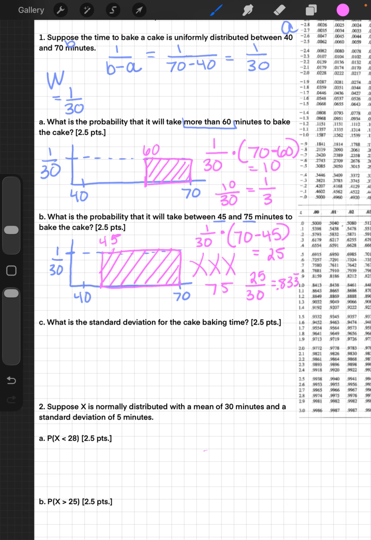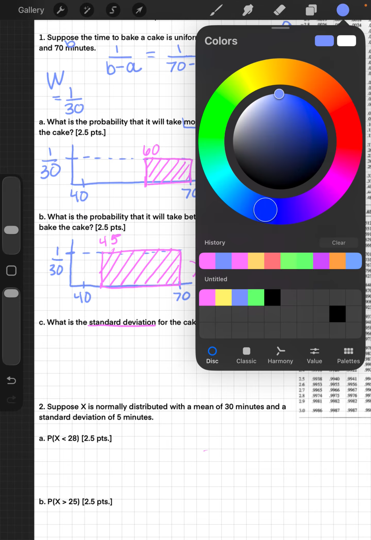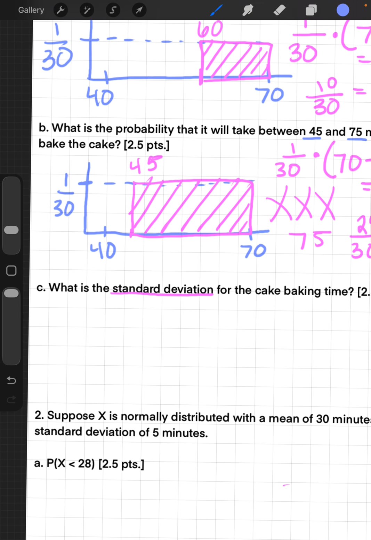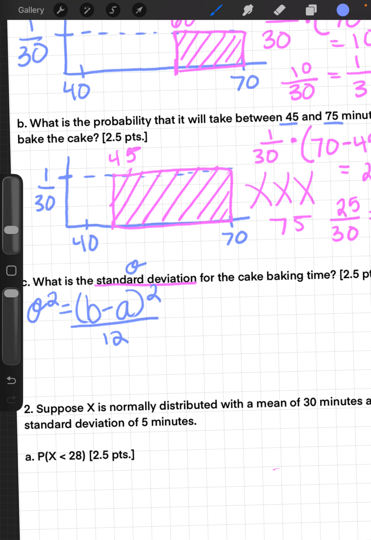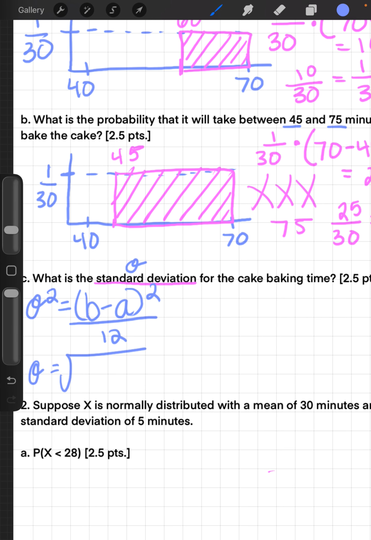And then we want to know their standard deviation. So first, our variance, so our variance is b minus a squared over 12, and our sigma is just the square root of all of that.